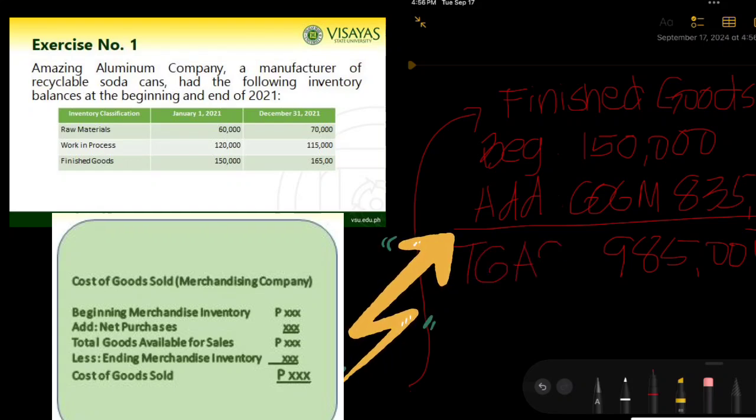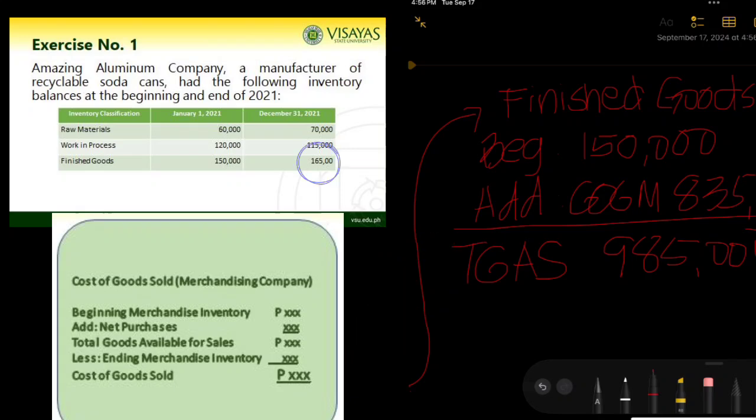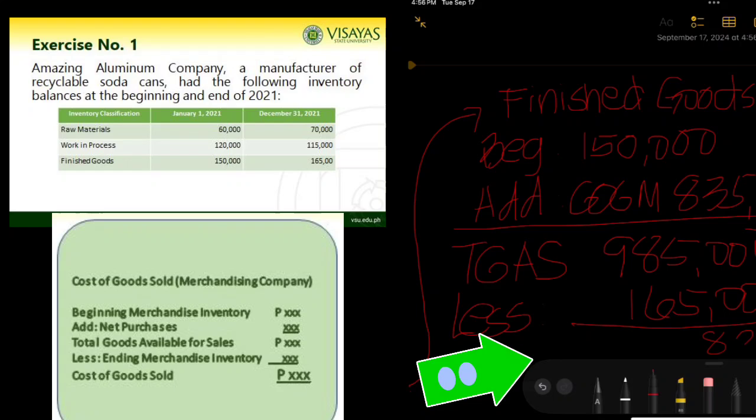So, less mo yung ending inventory, which is 165,000. The total would be 820,000 at cost of goods sold. Okay? So, itong cost of goods sold na to, ito na yung dadalhin mo sa mga financial statements.